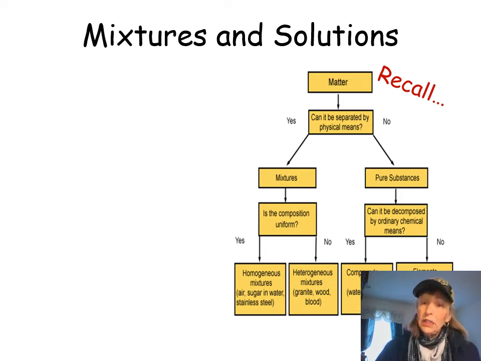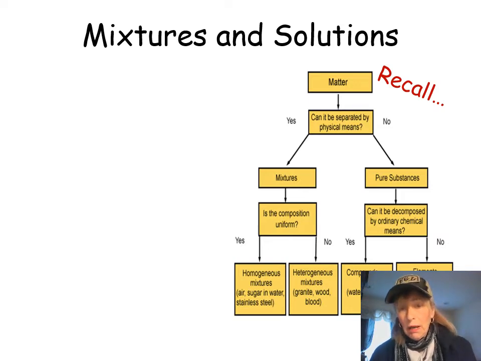If it could not be separated by physical means, that meant we had pure substances. Go back and review on your handout in previous PowerPoints. Remember, pure substances can't be decomposed by ordinary chemical means, which means we had compounds or atoms, or elements.